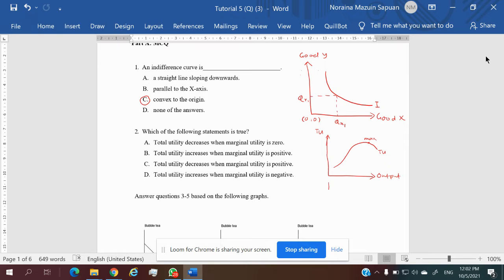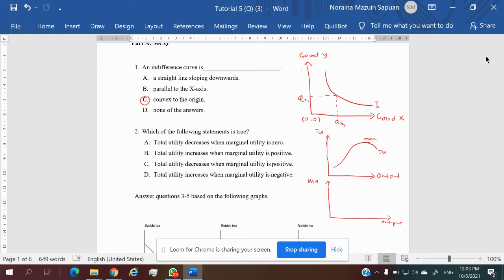Meanwhile, for marginal utility, here is also output and here is the marginal utility.